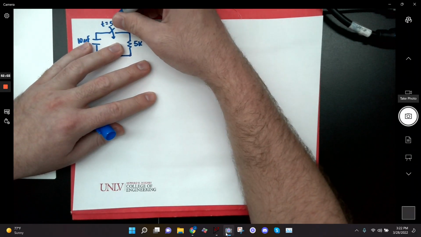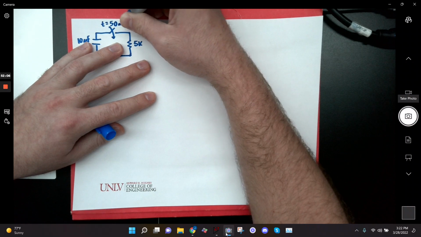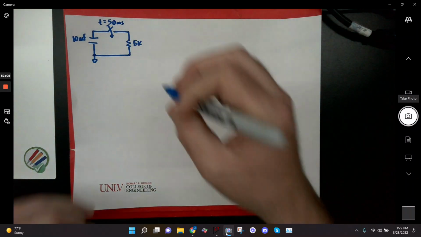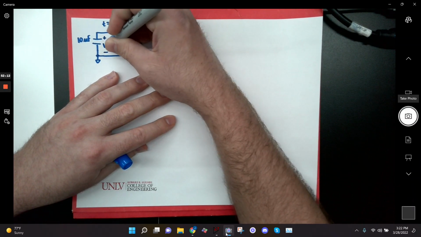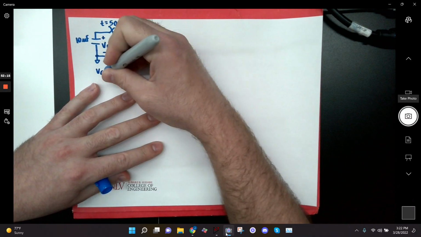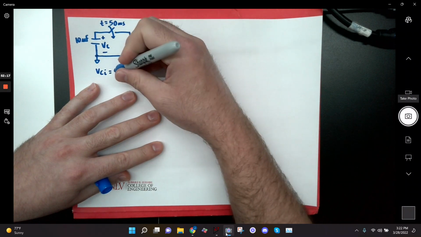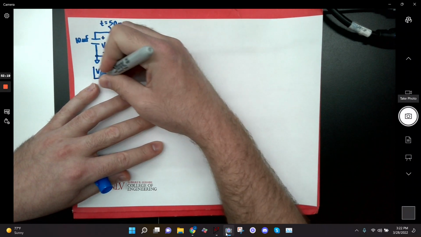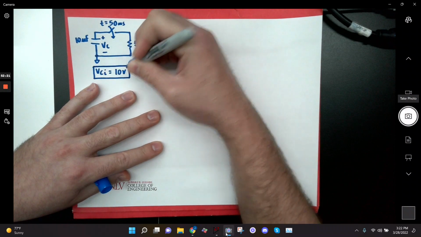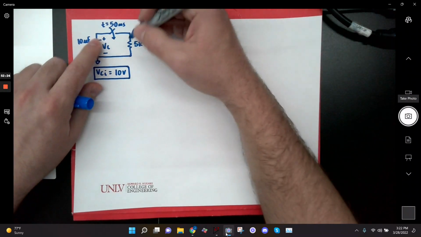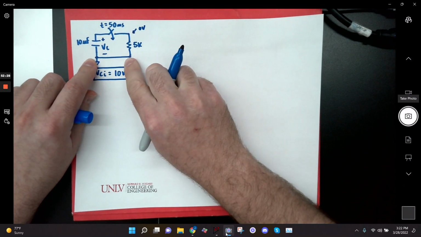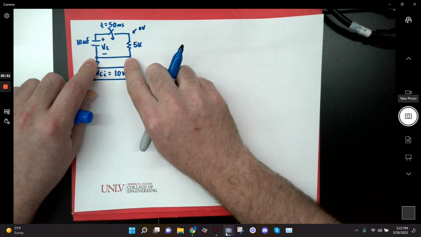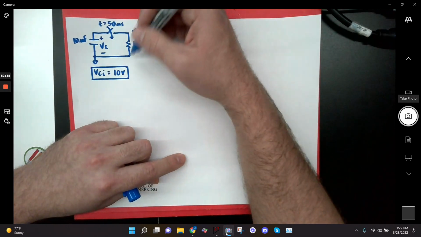So let's just say that it closes at 50 milliseconds. All right. And let's say this is my VC, and my initial VC is 10 volts. So that means that my capacitor is starting at 10 volts, right? And obviously this node is starting at 0 because it's connected to this resistor, right?